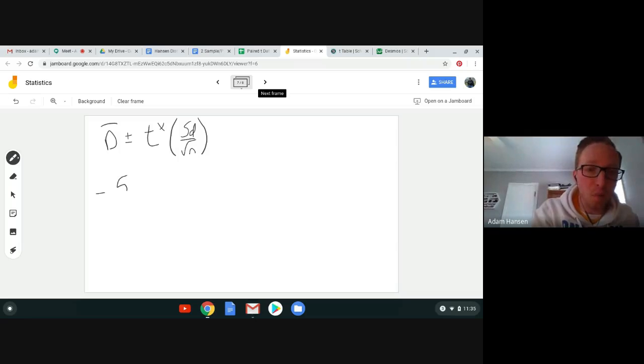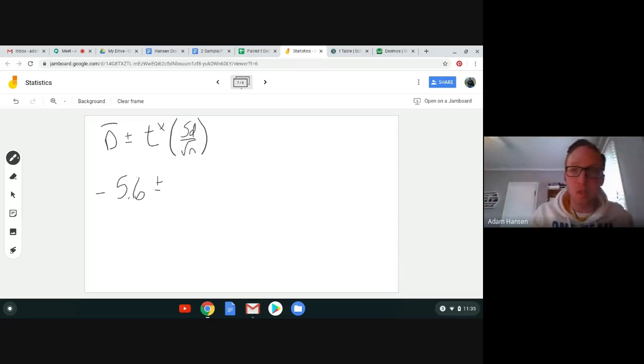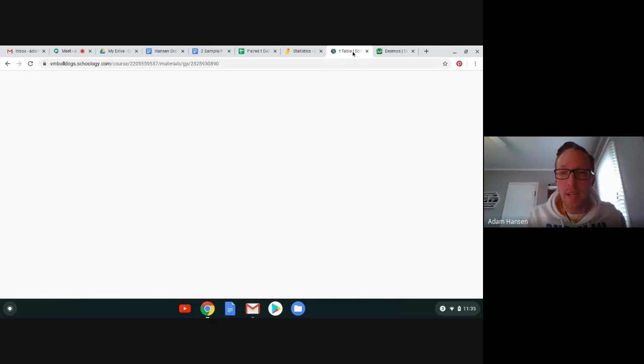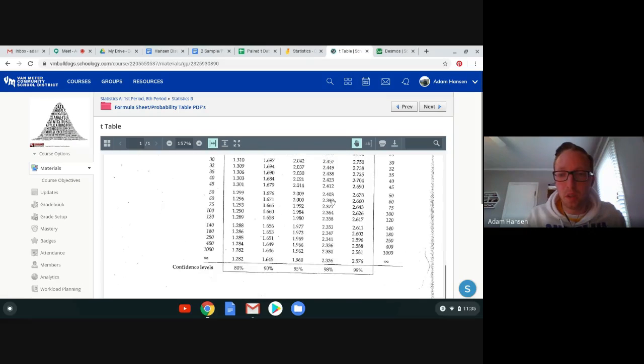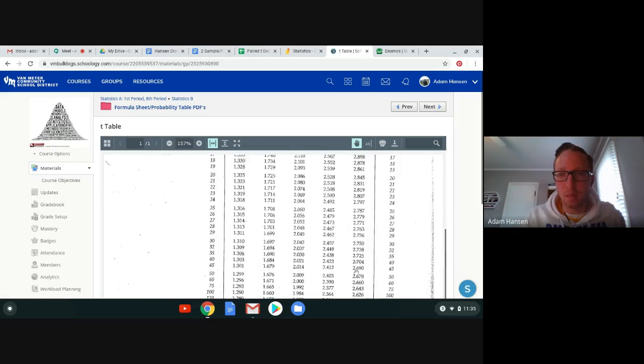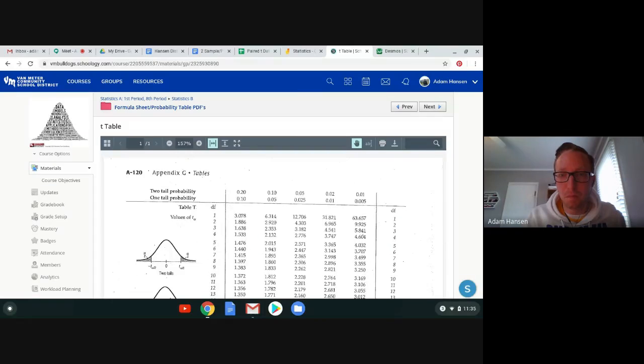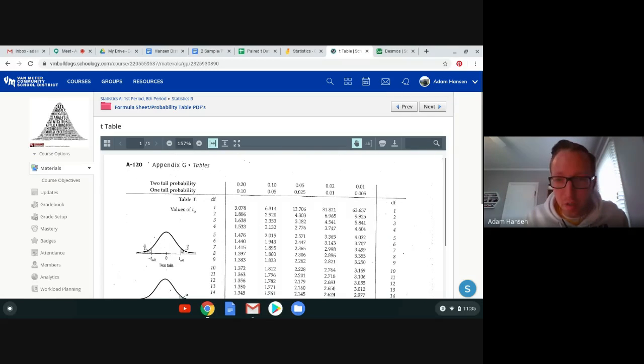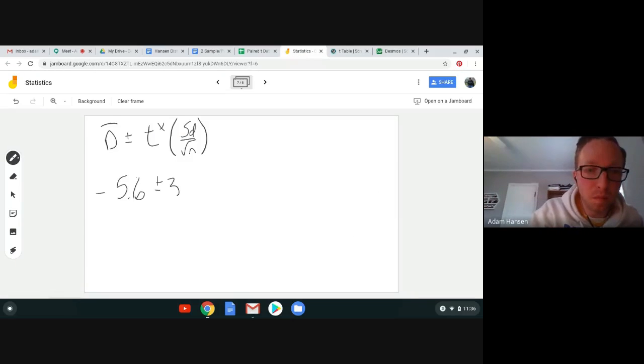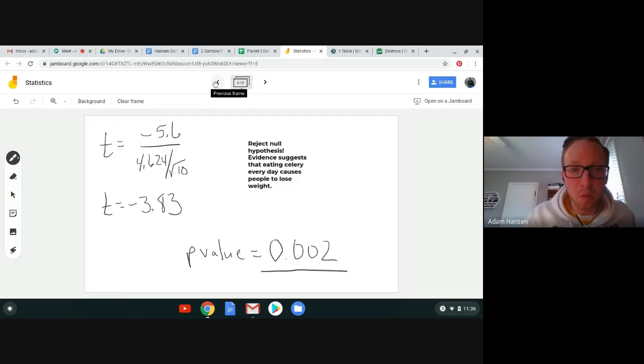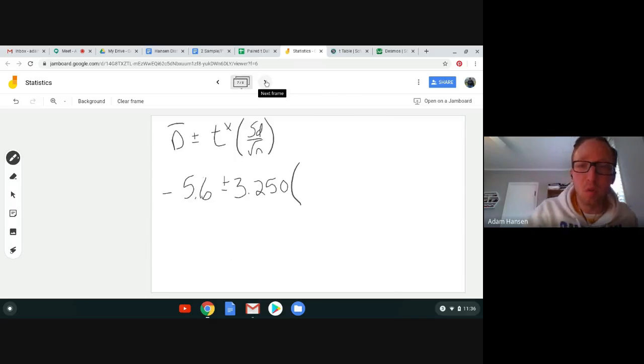So negative 5.6 plus or minus the t-score for a 99% confidence interval puts me in this last column. 9 degrees of freedom is 3.250. Times our standard deviation, which was 4.624 over root 10.